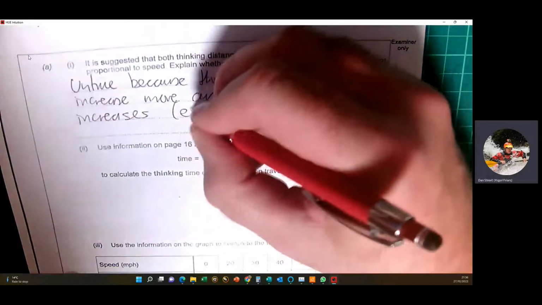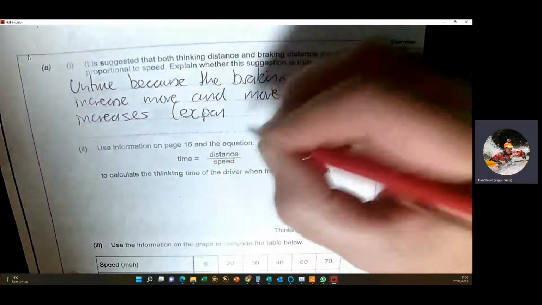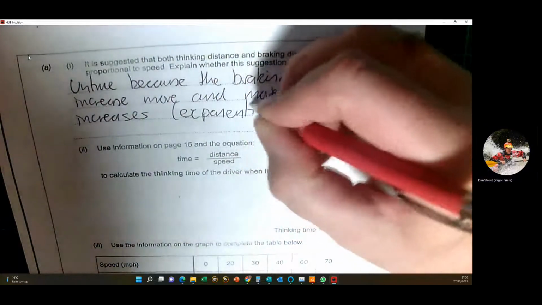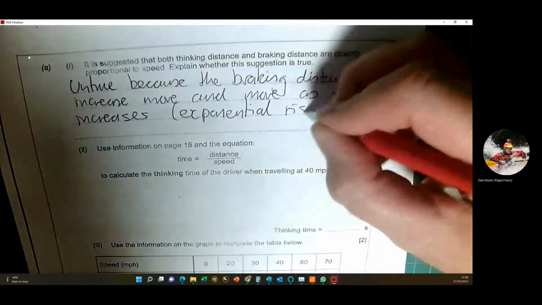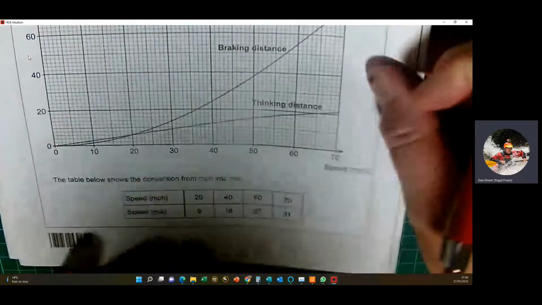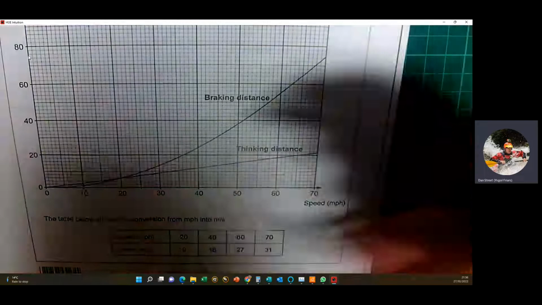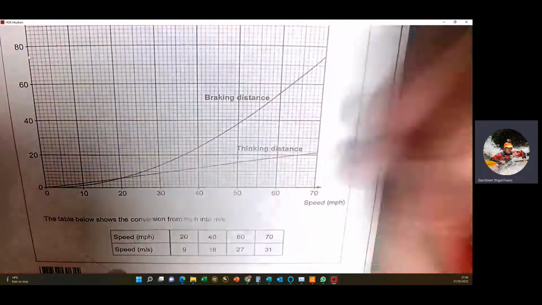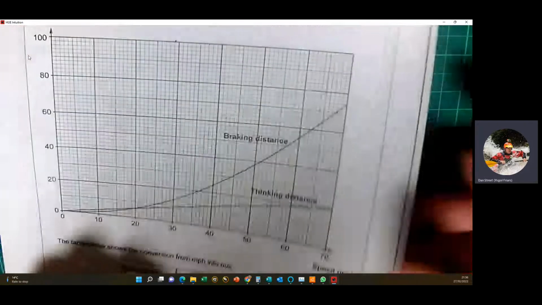And we could suggest there's an exponential rise there. Okay, so we just have a quick look at the graph. This curve is getting steeper and steeper and steeper, as the speed of the vehicle increases.